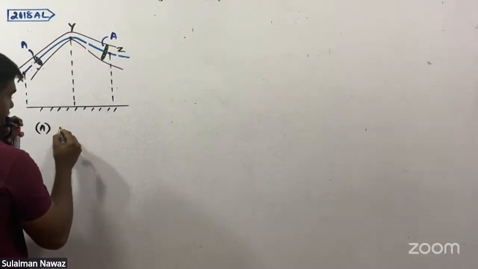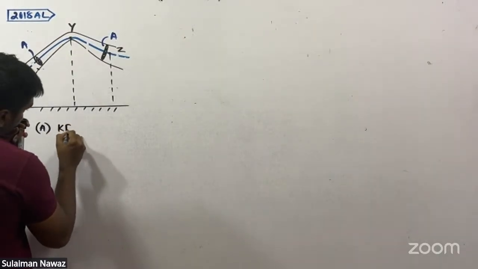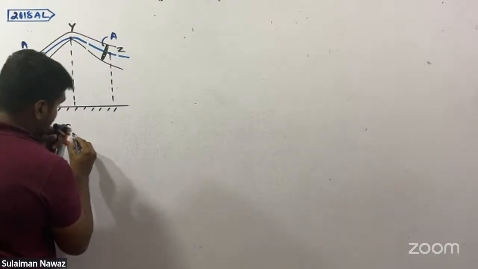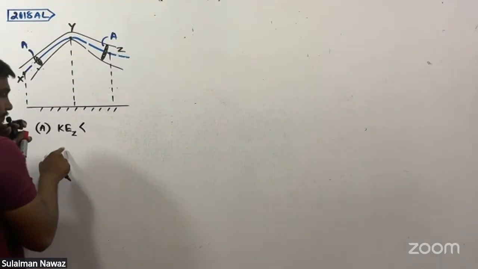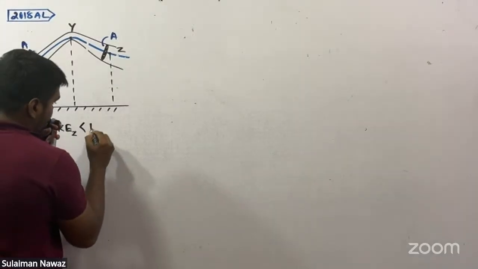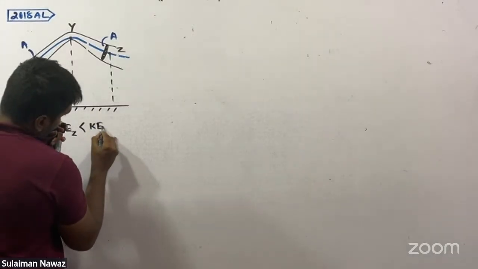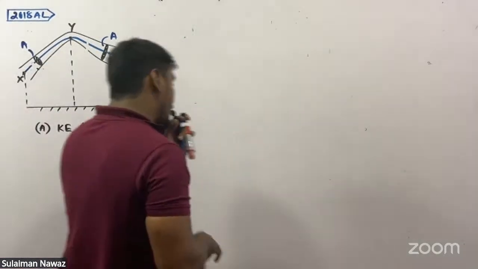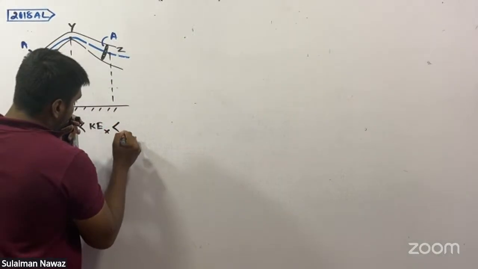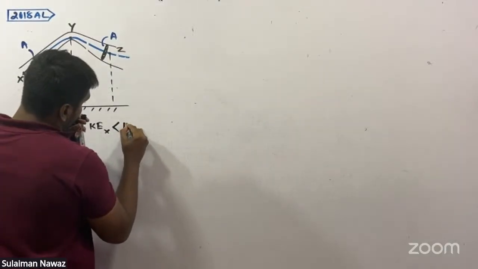Statement A: they are telling that kinetic energy per unit volume at X is larger than at Z, and the largest kinetic energy per unit volume belongs to point capital Y.